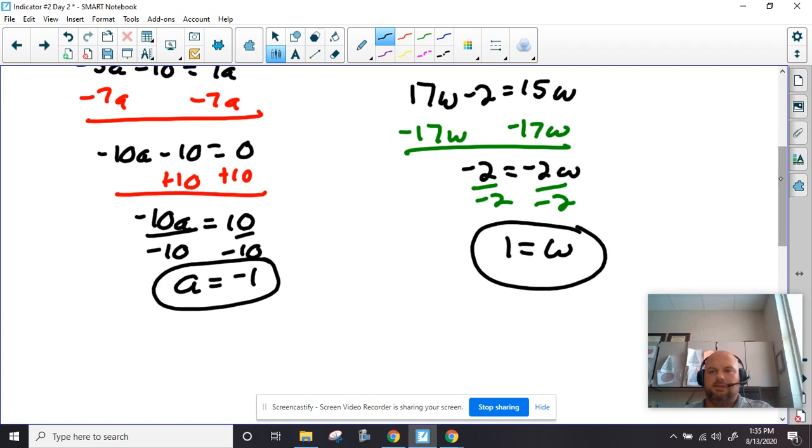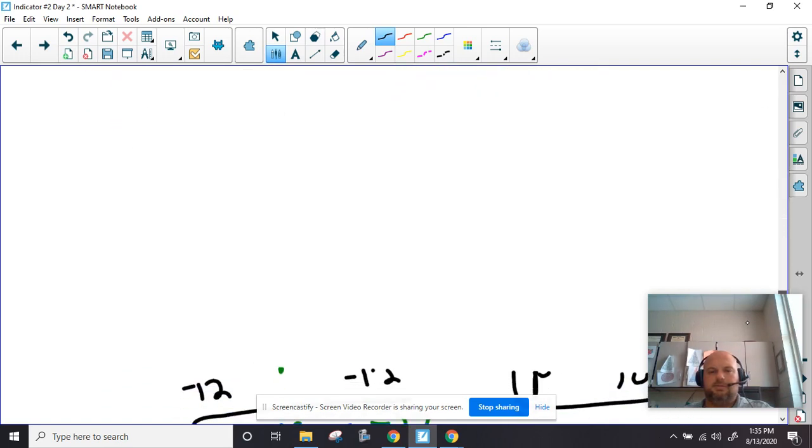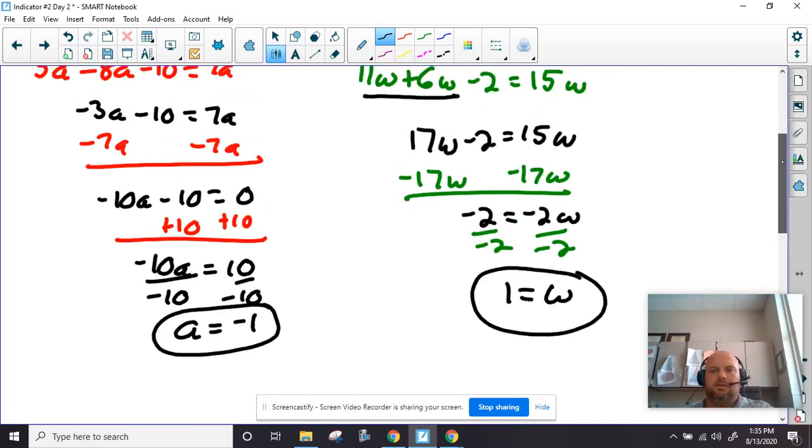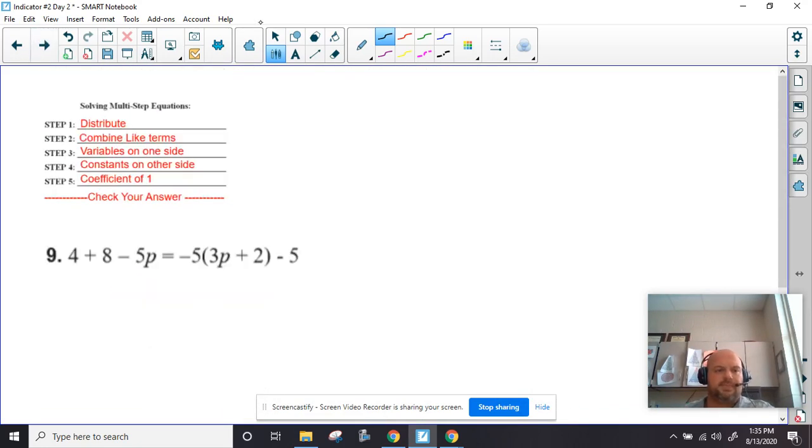Hey, here's the deal, Pickles. If you're seeing problems like this on the notes, you're going to see problems like this on the test. Okay? And your test is coming up soon.